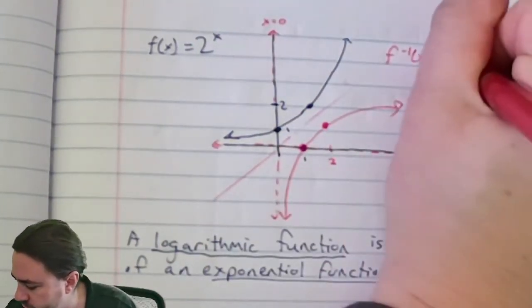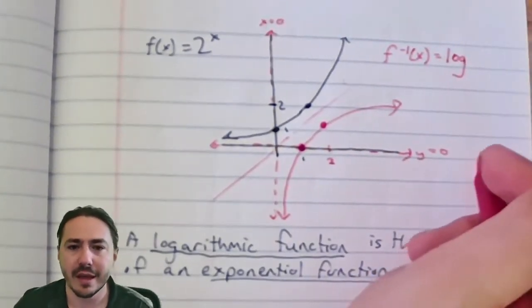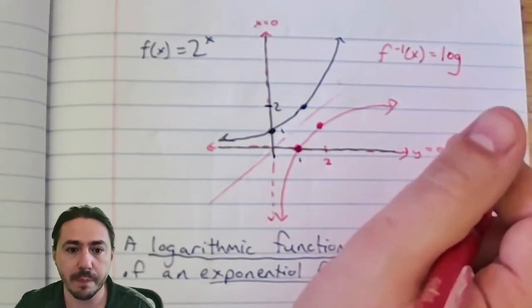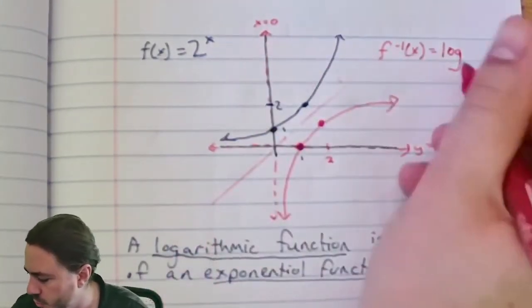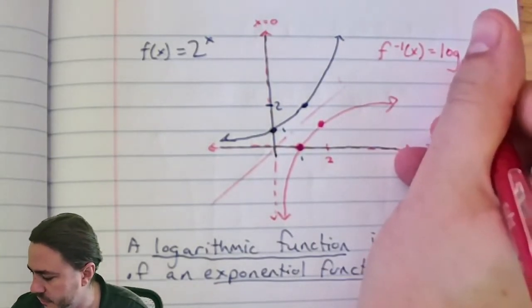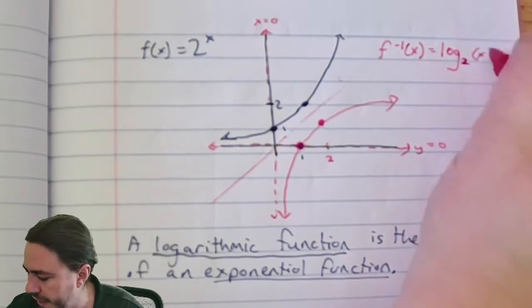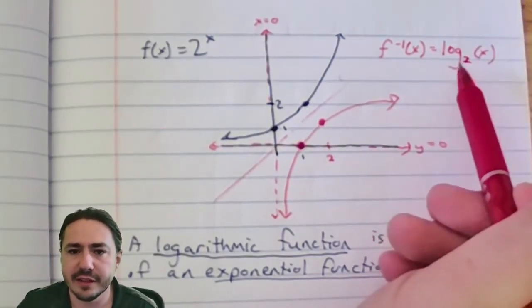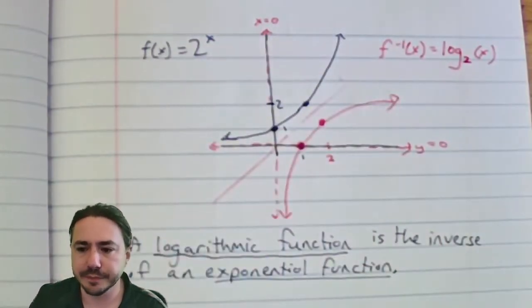You just literally write the letters log, for logarithmic. We want to know what the base is. So the base here is 2, and you write that as a little subscript right after the log, and then x. So this is the inverse of this. These are inverse functions of each other.